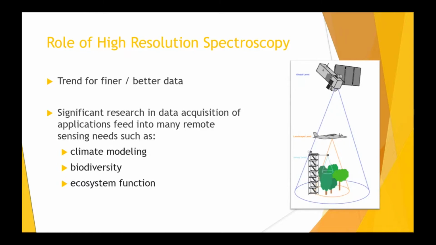Furthermore, we can get into the finer nitty-gritty of biodiversity, understanding species identification, and what kind of leaves or vegetation are within a specific forest, which can help us understand even ecosystem functions, and can lead into further decisions on what to preserve and what not to preserve. And these levels of detail are key for policymakers.